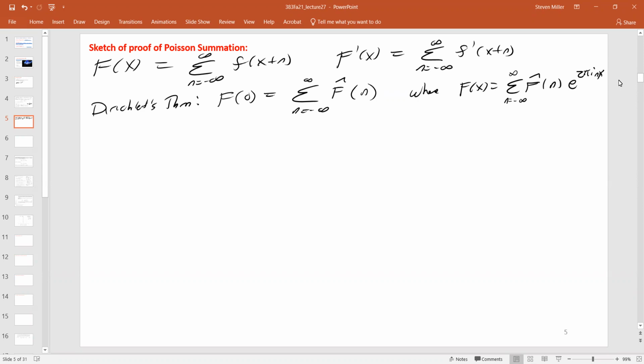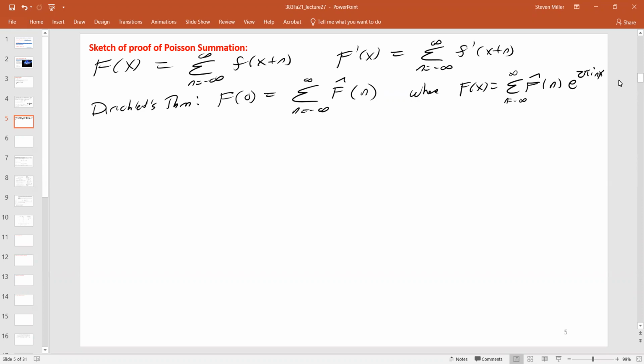All right, so Dirichlet's theorem says that if your function is differentiable, then the Fourier series converges pointwise to the function wherever it's differentiable. So if I just take x equals 0, I get big F of 0 is the sum of the f hats. Well, what is big F of 0? That's just the sum of f of n, right? So that's half of our result.